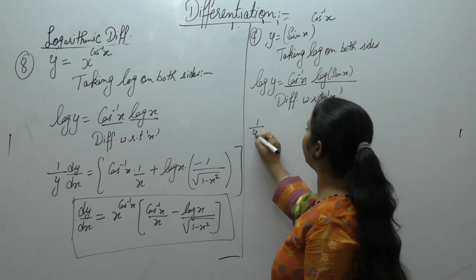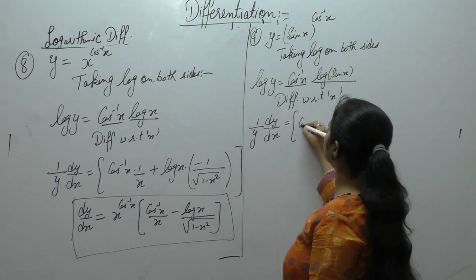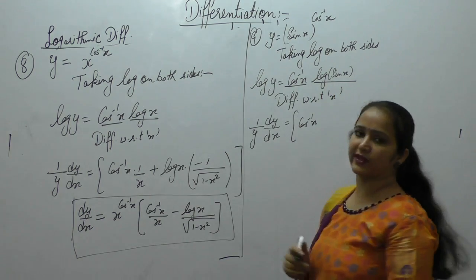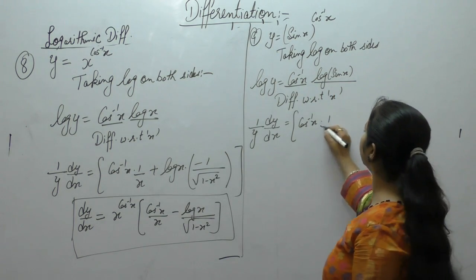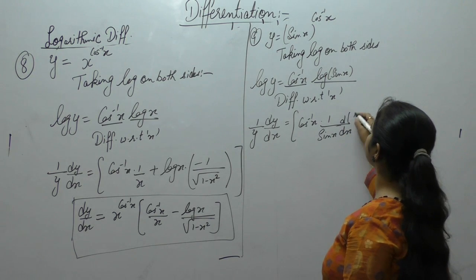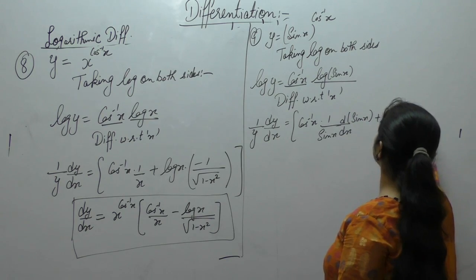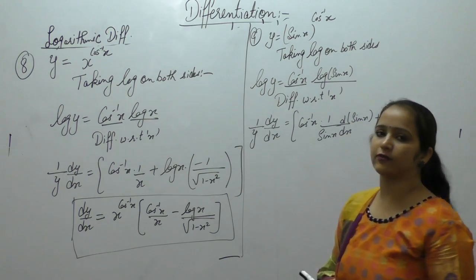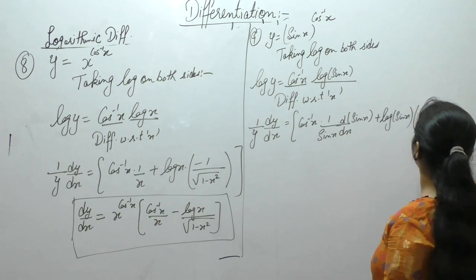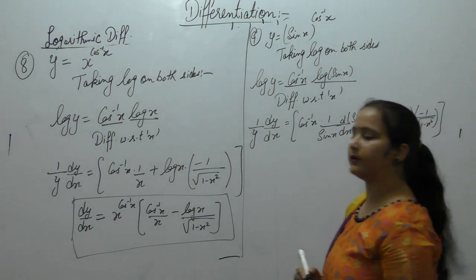Derivative of log of y. First function, derivative of this. Derivative of log is 1 upon x, where x here is sin x. Then derivative of sin x, plus second function log of sin x, derivative of cos inverse x, minus 1 upon square root of 1 minus x square.